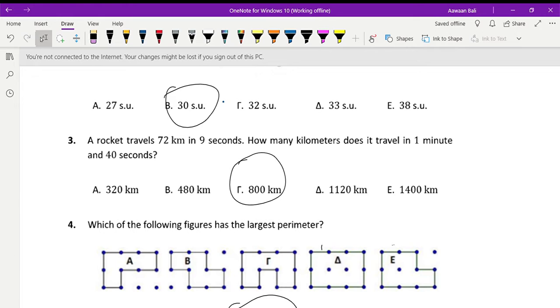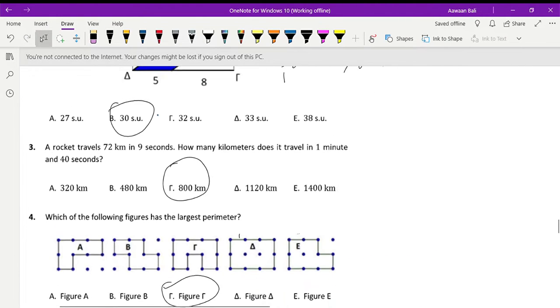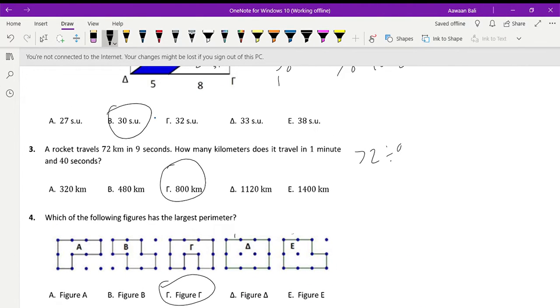Question number 3. A rocket travels 72 kilometers in 9 seconds. How many kilometers does it travel in 1 minute and 40 seconds? So if you do 72 divided by 9, that's 8, which means in 1 second, it travels 8 kilometers.